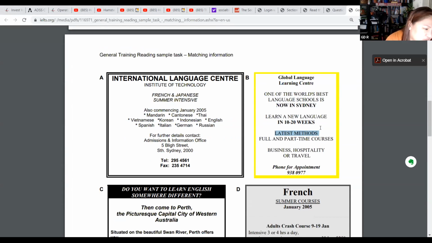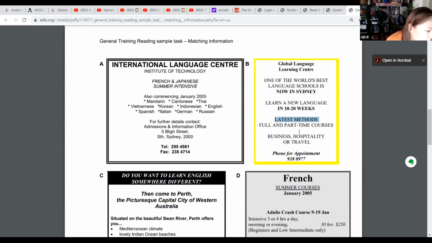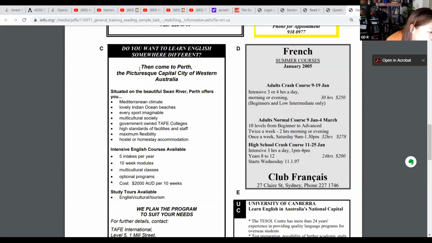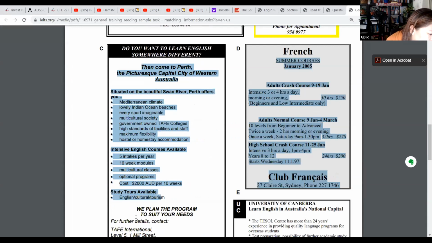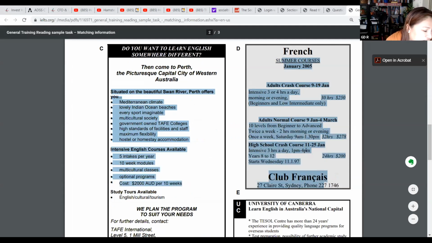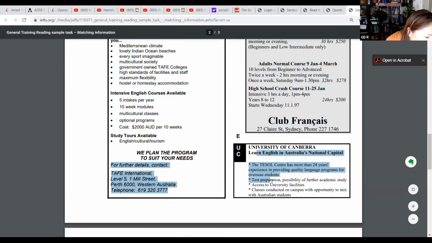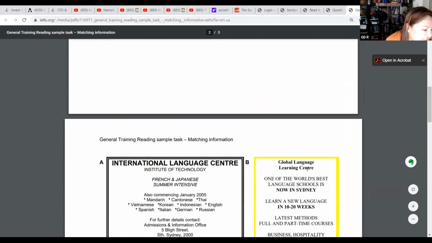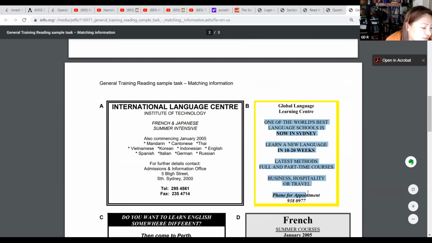So, okay, itong answer natin, letter B, just to be on the safe side. Sa ibang advertisement, meron bang nagsasabi na up-to-date? Wala. Letter D, wala. Letter E, wala rin. So the best answer is letter B.